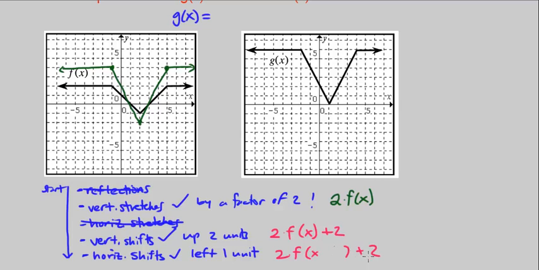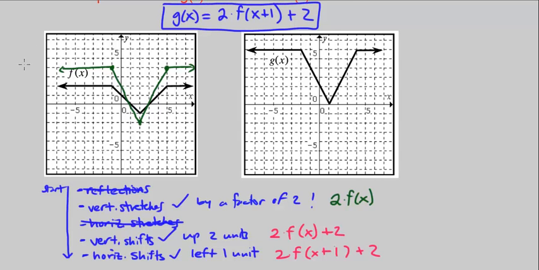I'm going to leave a space here because inside the parentheses, left 1 unit means to add 1 here, right? That means left 1. So this is going to be our final expression for g of x. So I can even write that here: g of x is equal to 2 times f of x plus 1, quantity, plus 2, okay?